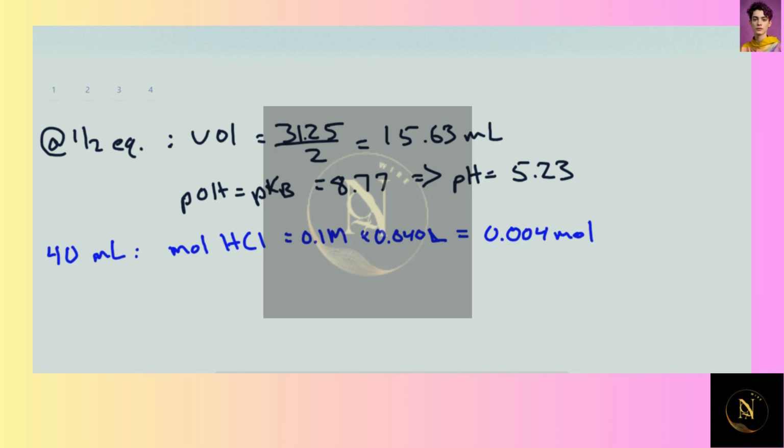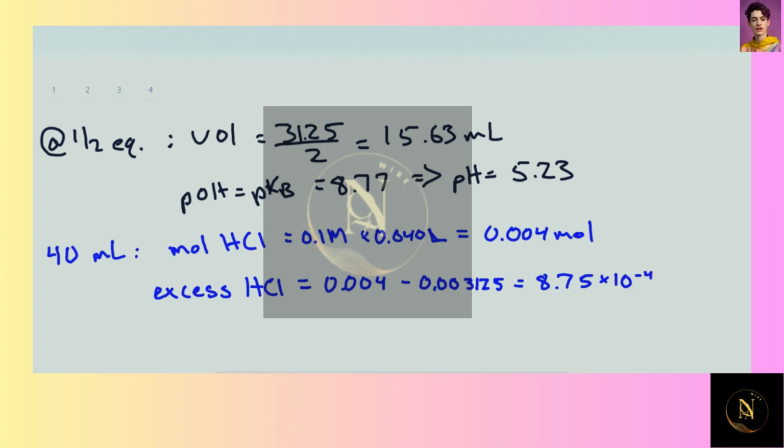So now we need to calculate the amount of excess HCl. Excess HCl will be the amount of moles that we have minus the amount of moles of base we had at the beginning. So this value is 8.75 times 10 to the minus 4 moles.